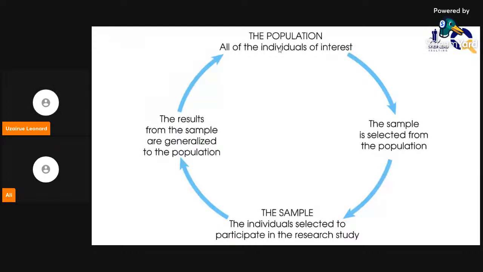You collect a blood sample from a representative sample of smokers, then you determine the different analytes or whatever from the blood sample. Then you cannot make a general statement about the population unless the sample is proper.